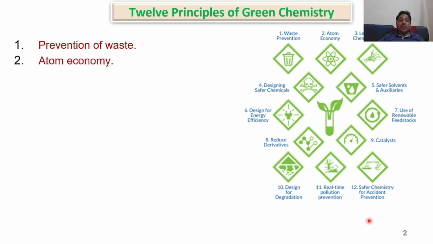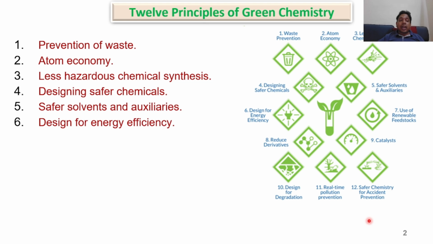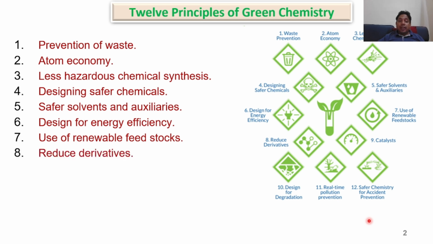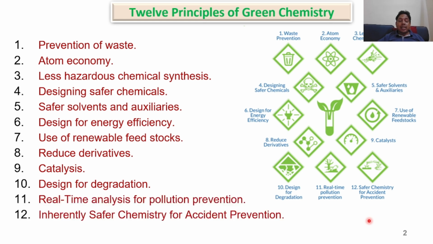prevention of waste, atom economy, less hazardous chemical synthesis, designing safer chemicals, safer solvents and auxiliaries, design for energy efficiency, use of renewable feedstocks, reduce derivatives, catalysis, design for degradation, real-time analysis for pollution prevention, and inherently safer chemistry for accident prevention.